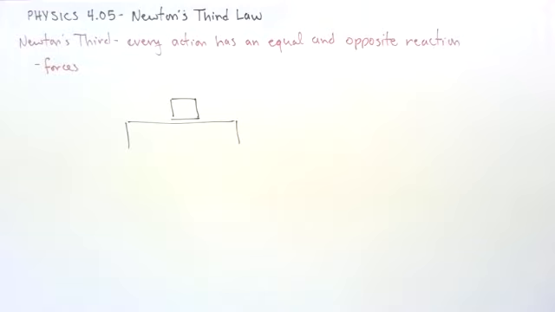If the baseball exerts a 10 Newton force on the bat, the bat exerts a 10 Newton force back on the ball. If you run into the side of a building with 50 newtons, you exert a 50 Newton force on the wall, and the wall exerts a 50 Newton force back on you. So we call these action-reaction pairs.